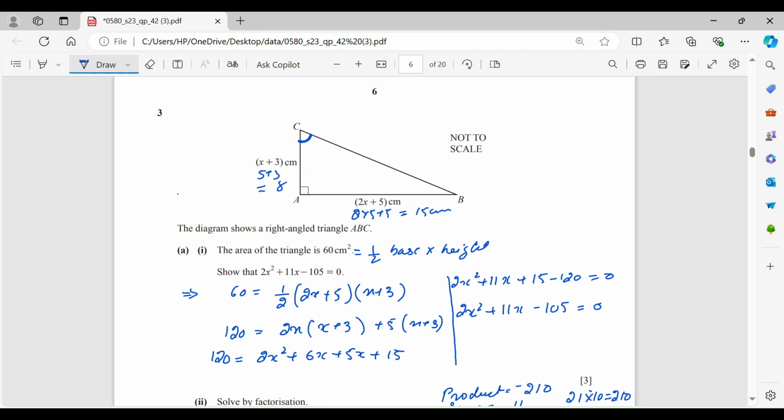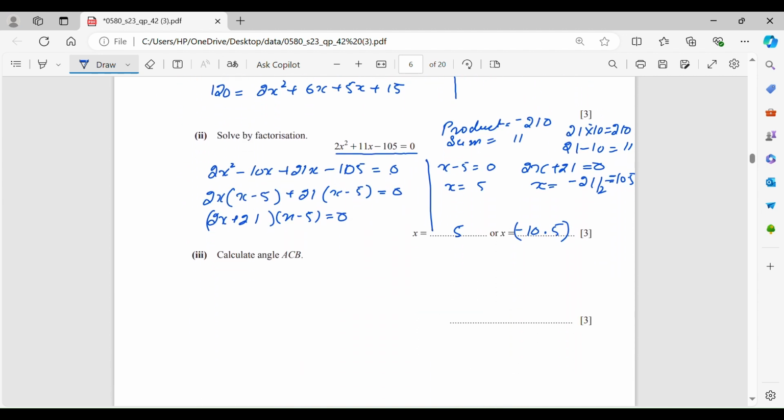So AC is 8 centimeter and AB is 15 centimeter. AC is equal to 5 plus 3, which is 8 centimeter, and AB is equal to 2 into 5 plus 5, which is equal to 15 centimeter.